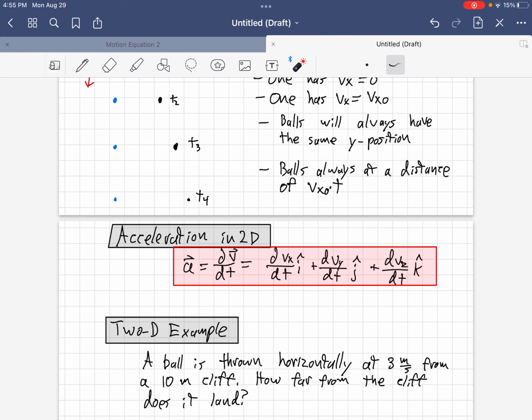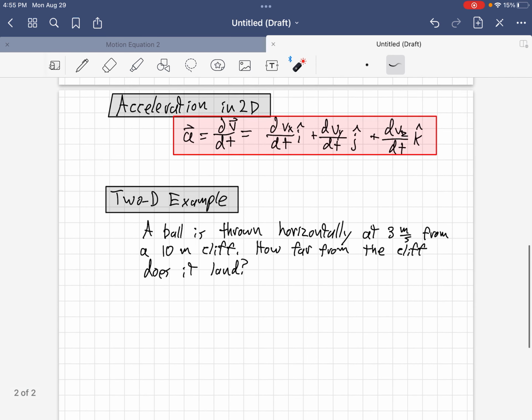And this will give you, for instance, we might call this AX, A subscript X. And we might call this the derivative of the y velocity component, A subscript Y. And if we're doing a three-dimensional problem, which will be pretty rare, we would say the acceleration in that direction would be A subscript Z.